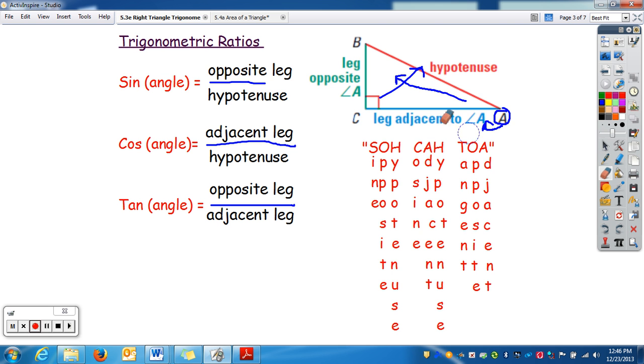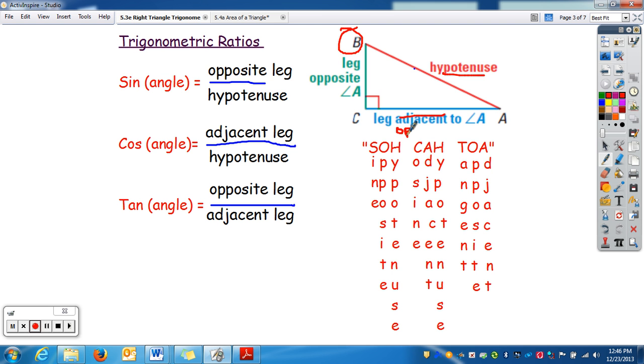Now this would switch if I was talking about angle B. So now if I talk about angle B, the hypotenuse stays. It does not move. However, now this would no longer be adjacent, this would be the opposite.